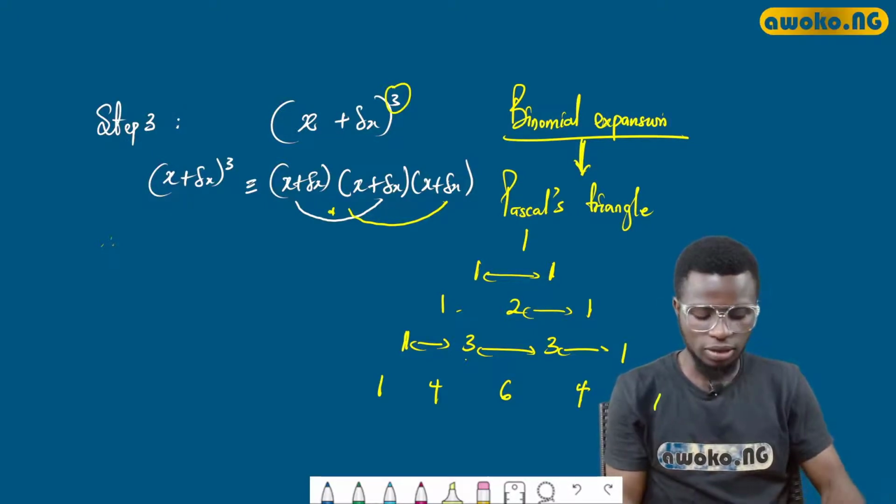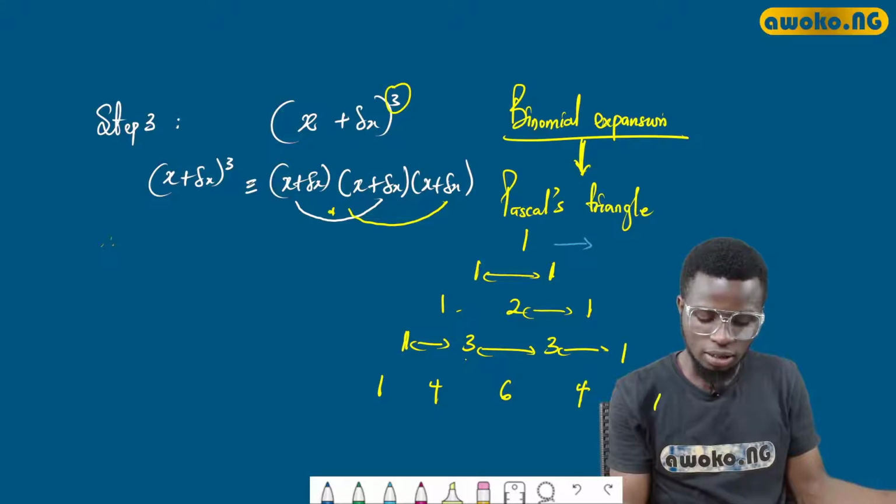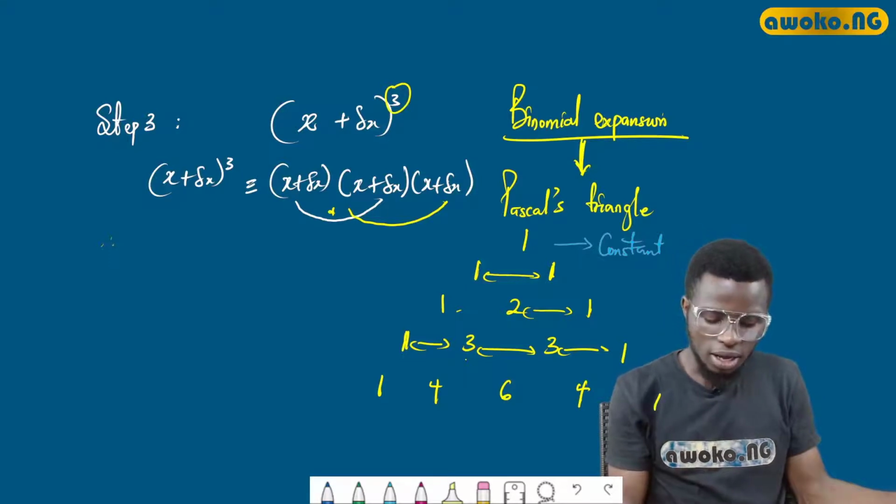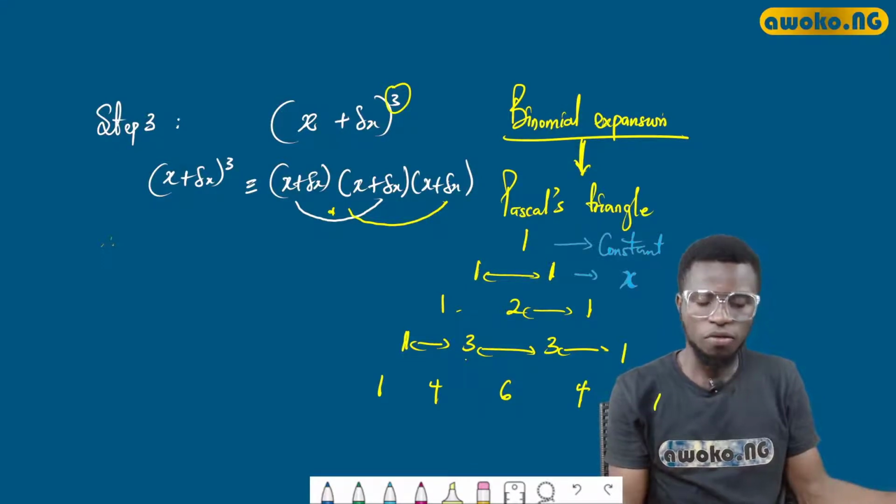What do all these stand for? This is the coefficient of the constant, and this stands for the power of the independent variable raised to the power of 1. So when the independent variable is raised to the power of 1, then 1 and 1 will become the coefficients. What if we go to the next one?